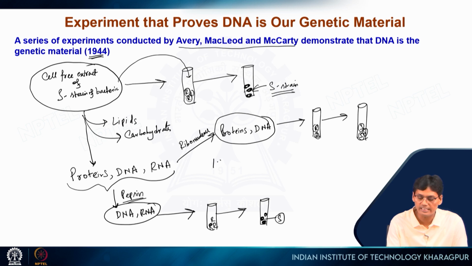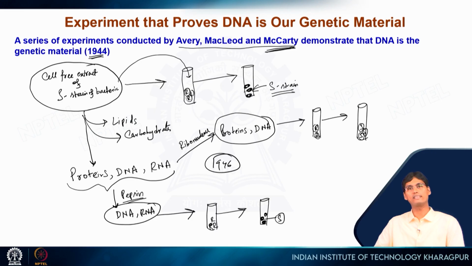In 1946, McCarty purified the enzyme DNase, deoxyribonuclease. He proved that whenever he added this enzyme DNase to the extract, the transforming principle could not convert R cells into S cells anymore.